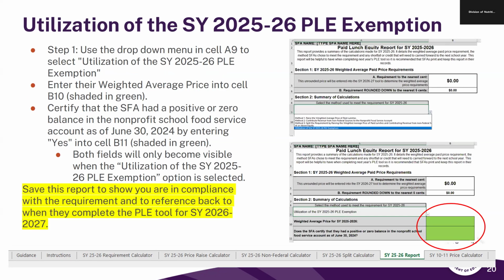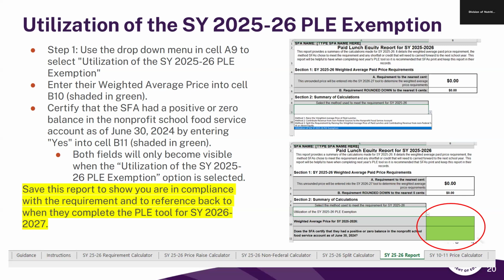So in the report tab, tab 7, you're going to use the drop-down menu in A9 to select utilization of the school year 25-26 PLE exemption. Then enter the weighted average price into cell B10, which is shaded in green, and you will certify that you had a positive or zero balance in the nonprofit school food service account as of June 30th by entering yes into cell B11, which is also shaded in green.